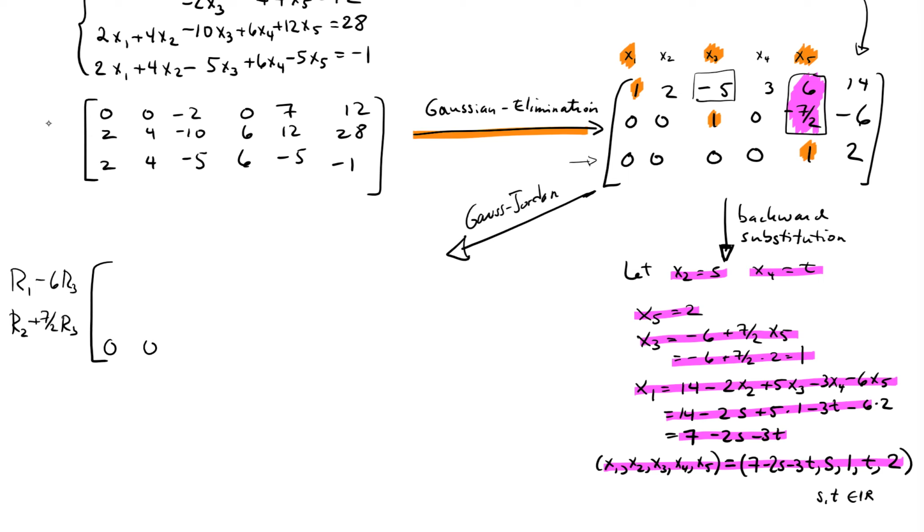So row 3 is not changing, but the other two are. And if you do this, you're going to get 0, 0, 1, 0, 0, 1. And subtracting 6, we get 1, 2, minus 5, 3, 0, 2.